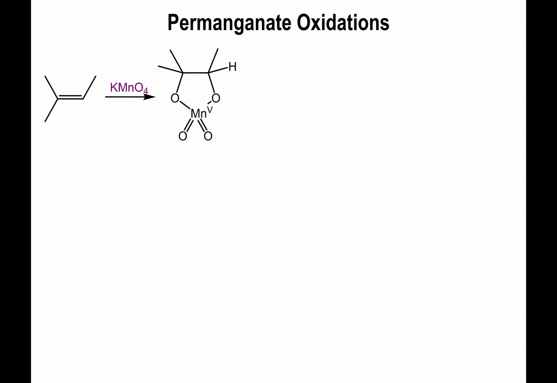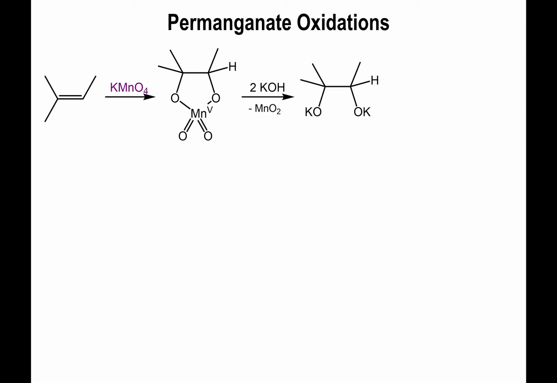All right, so first things first, your permanganate, manganese 7, will react with the alkene. 2 electrons from the alkene will be provided to the manganese 7, reducing it to manganese 5, and you form this metalla dioxacyclopentane structure. Which is, if you keep it under cold conditions, the reason you end up with the syn diols.